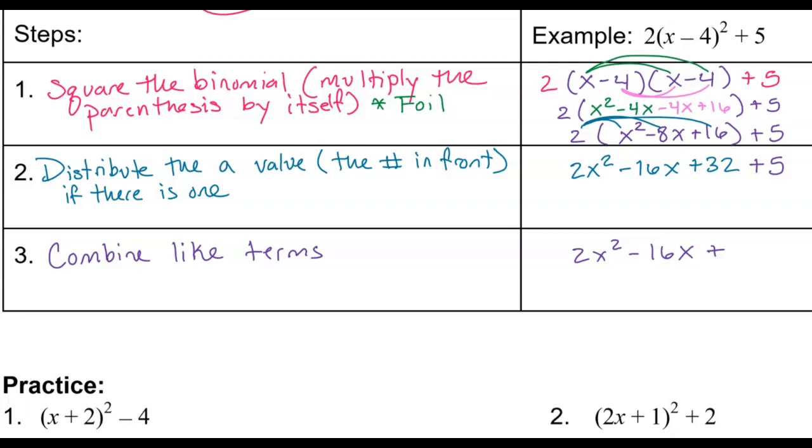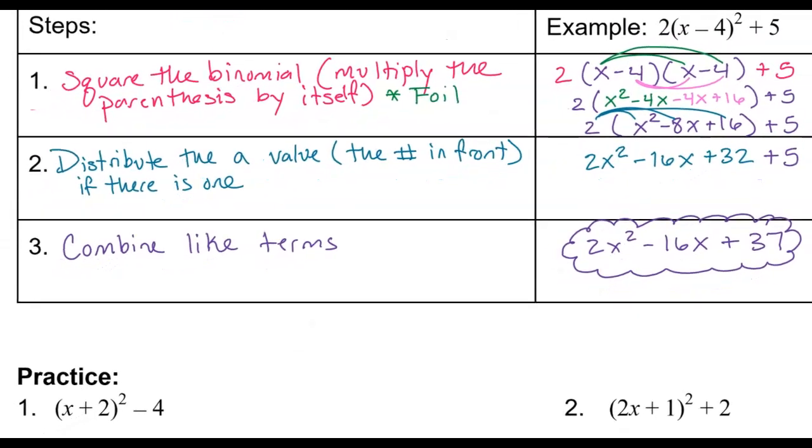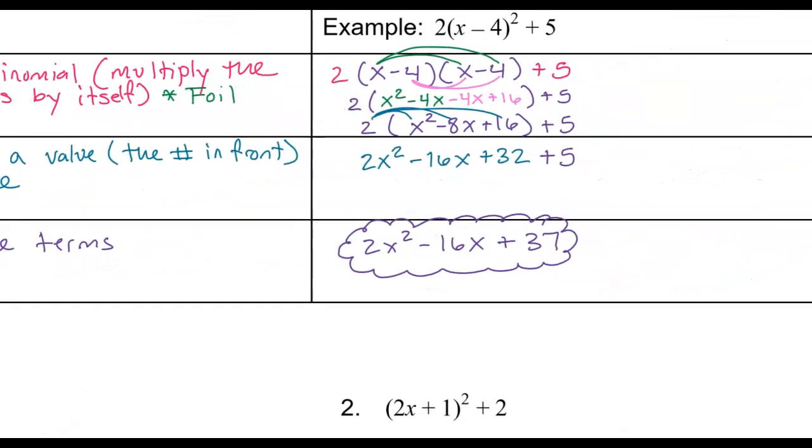Say it again. Yes, 37. And we're done. This is standard form, ax squared plus bx plus c. We have an a term, which is 2, a b term, which is negative 16, and a c term, which is 37. And we're done. Any questions on how we converted from vertex to standard form?